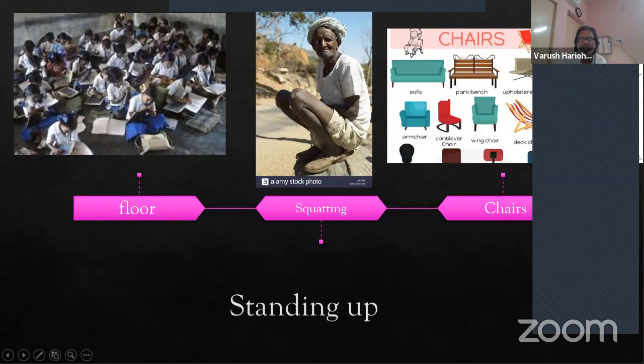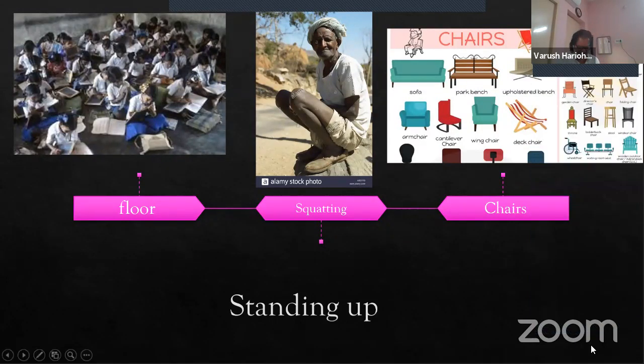It's not necessarily standing from a chair. It's standing from any lower position to a higher position. It can be from a floor or squatting to stand up, or from chairs. All these things we are trying to look into today.